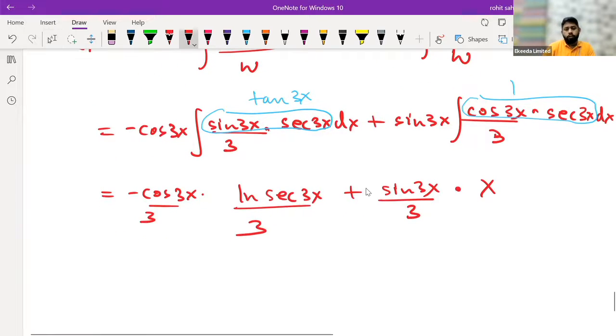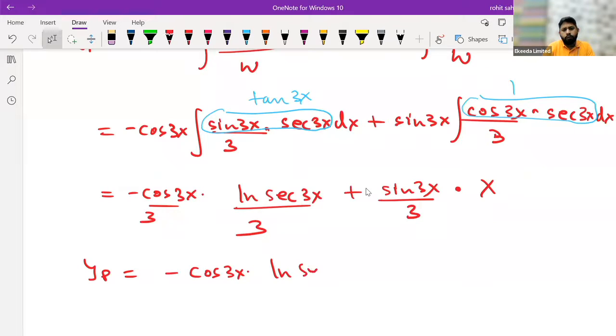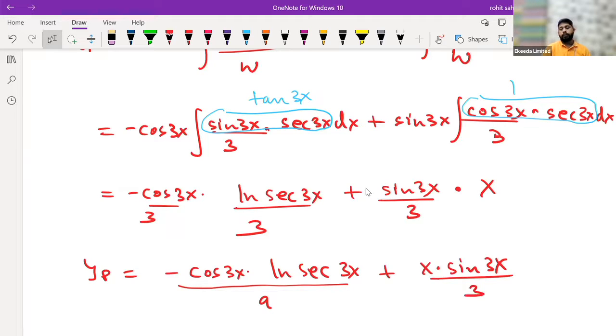That means overall your yp is, let me write the positive term first, minus of cos of 3x ln of sec of 3x. ln of sec of 3x, if you want, you could also write as minus of ln of cos 3x, divided by 3 into 3, 9, and plus x times of sine of 3x by 3.